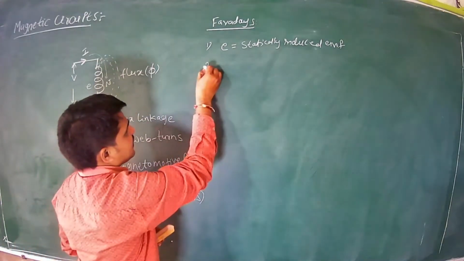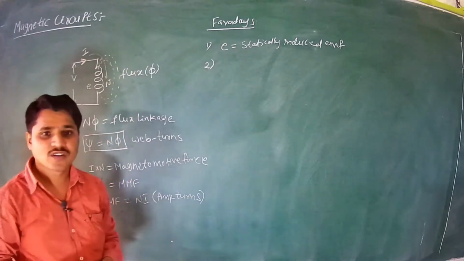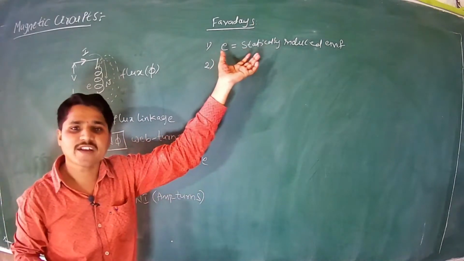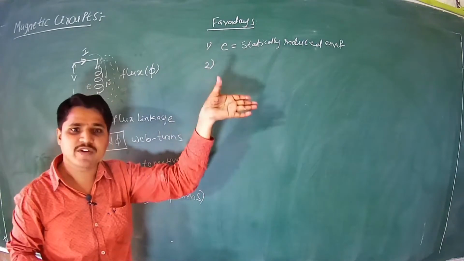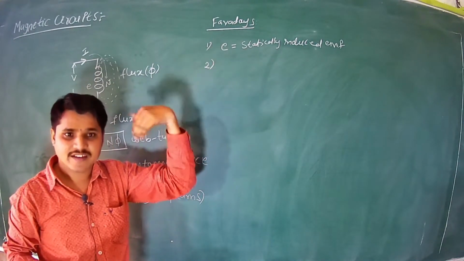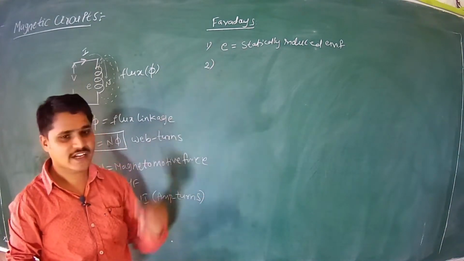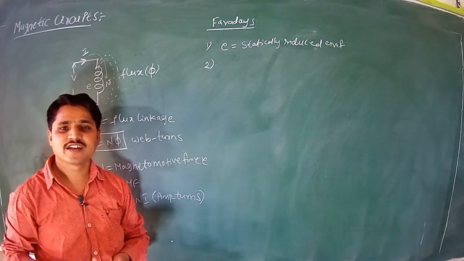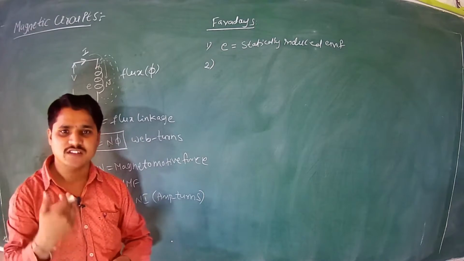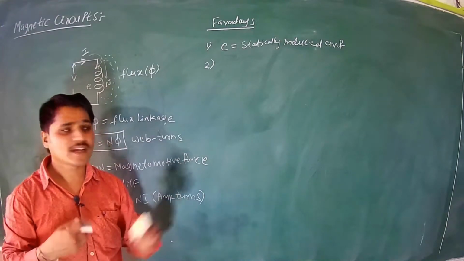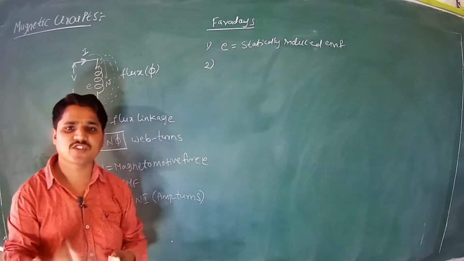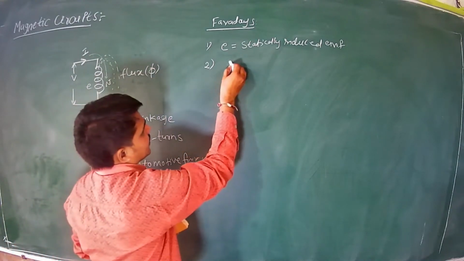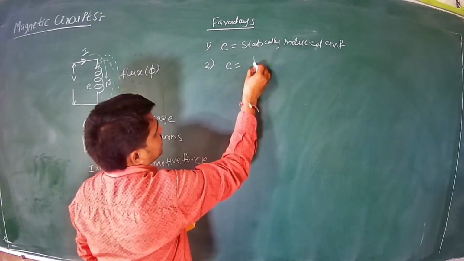Now, what is Faraday's second law? The magnitude of this induced EMF can be found by Faraday's second law, which states that the EMF is nothing but the rate of change of flux linkages. The magnitude of the EMF depends upon the rate of change of flux linkages. Therefore, E equals N d by dt, where d by dt is the rate of change.